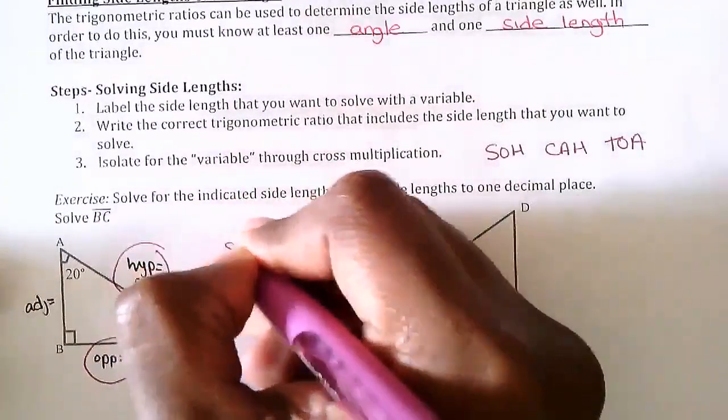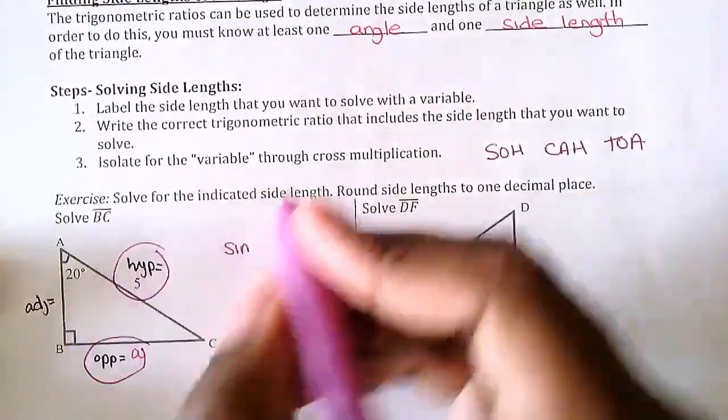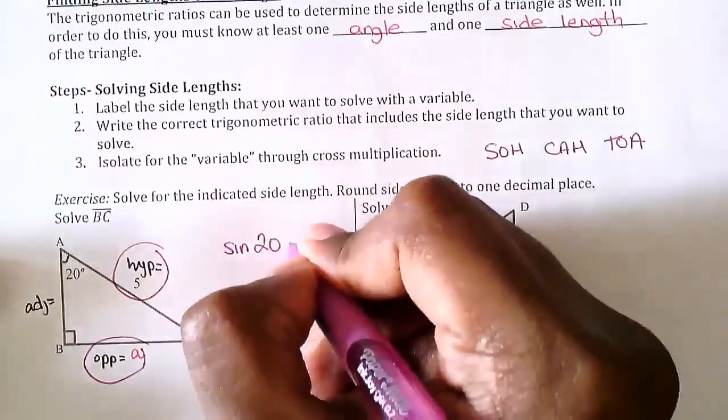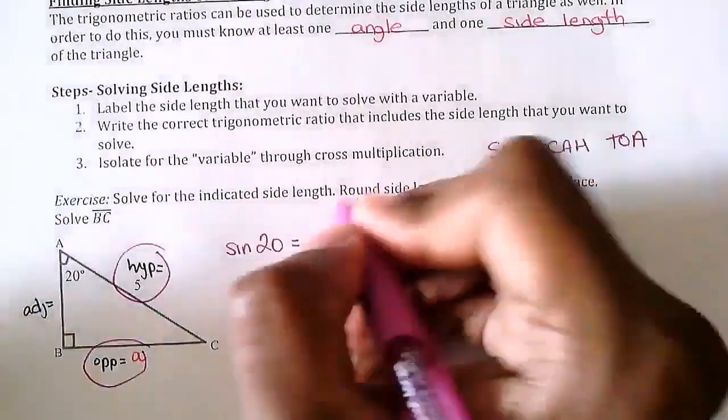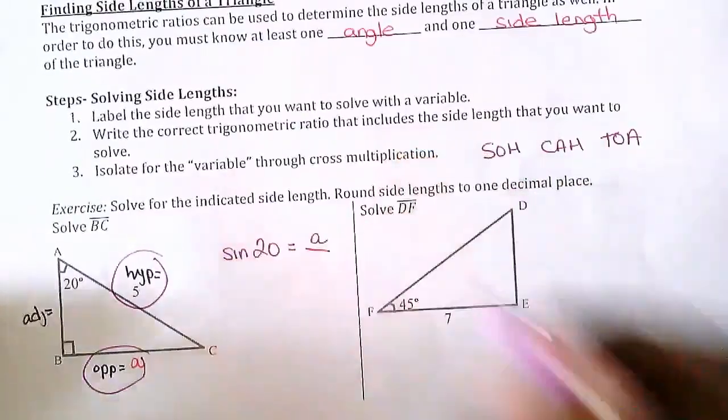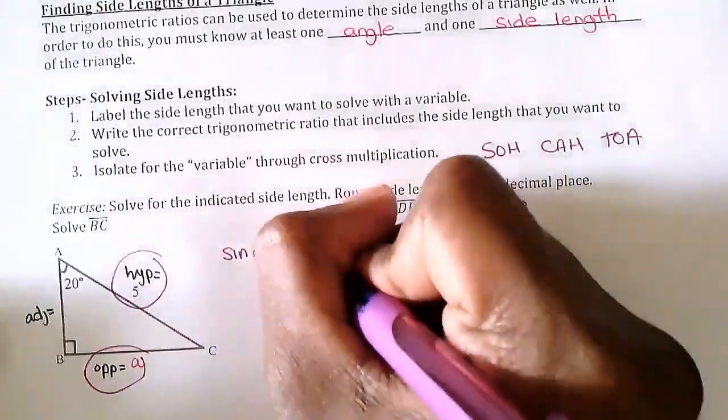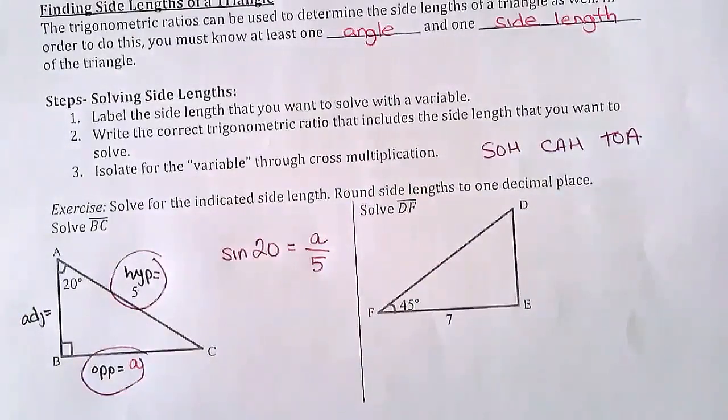So we have sine, the angle of interest was 20, sine 20 is equal to opposite over hypotenuse. The opposite was a, and the hypotenuse was 5. So this is the ratio we were able to create.